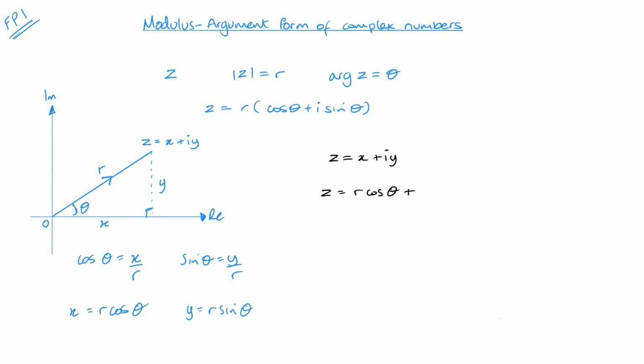So replacing my y, with the i there, i r sine theta. And then we have r in both, so factorising out the r, and that's what we get.